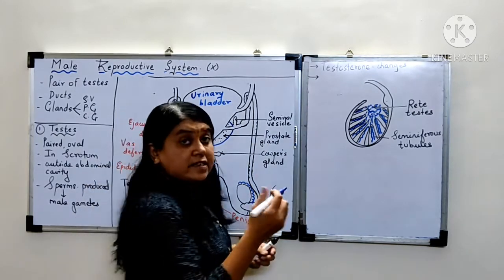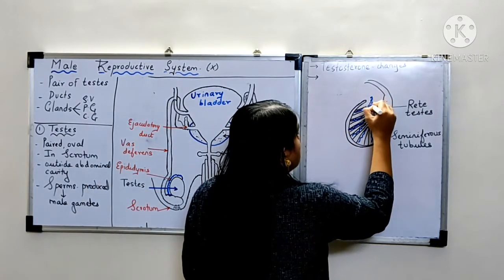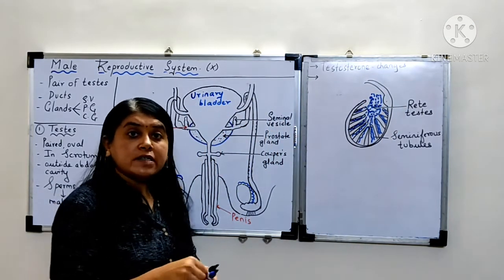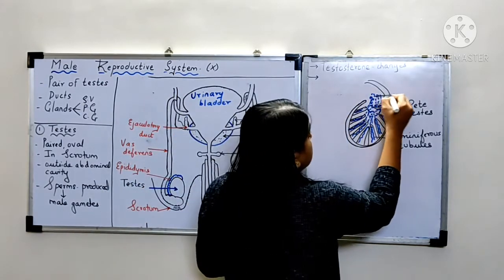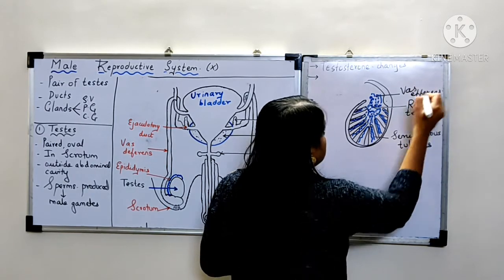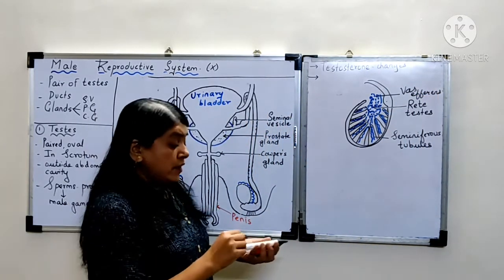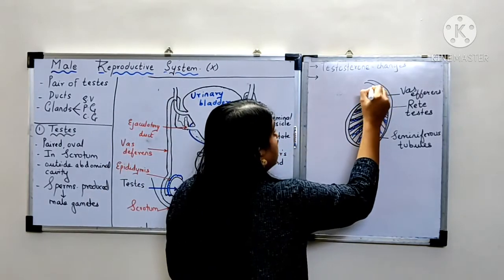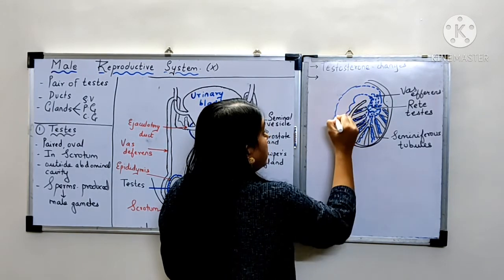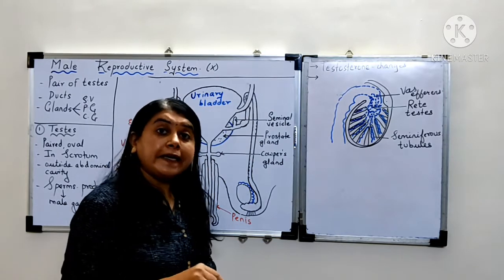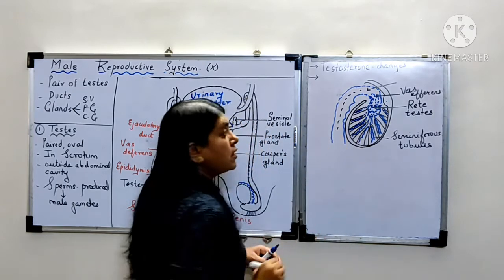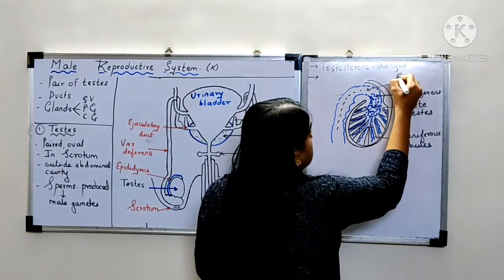Now, the rete testis will again join to form a tubule-like structure, which is called vas efferens. Vas efferens. This vas efferens continues further as epididymis. So this complete structure is called epididymis.